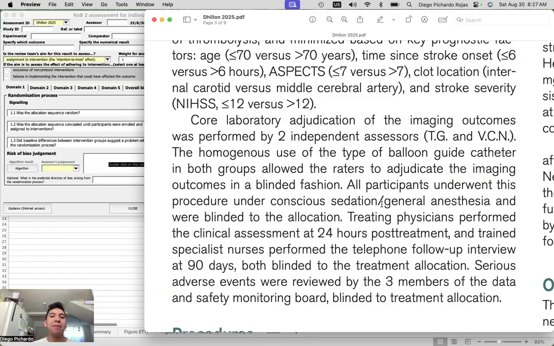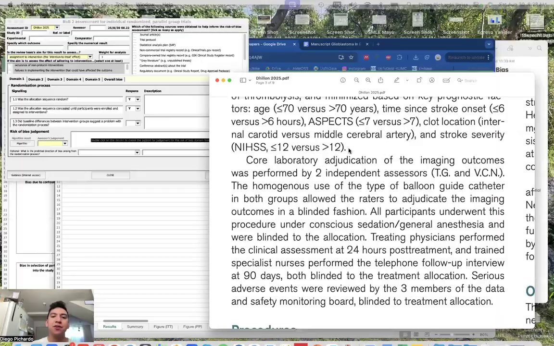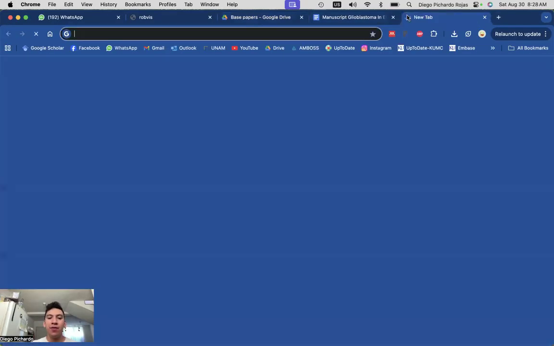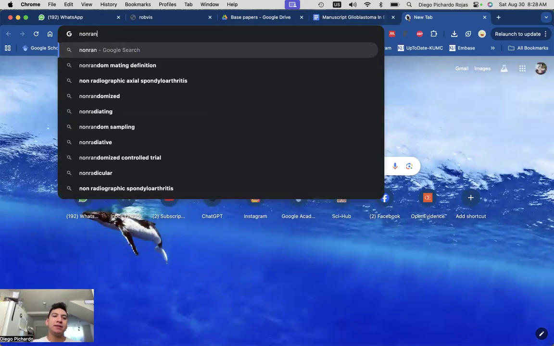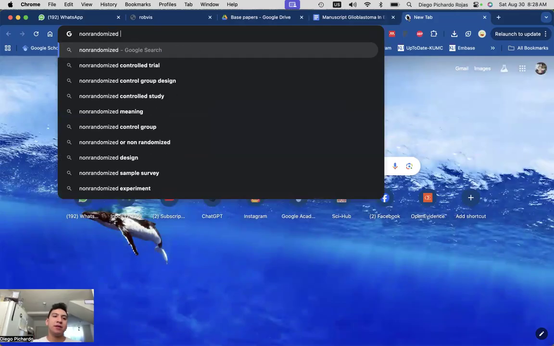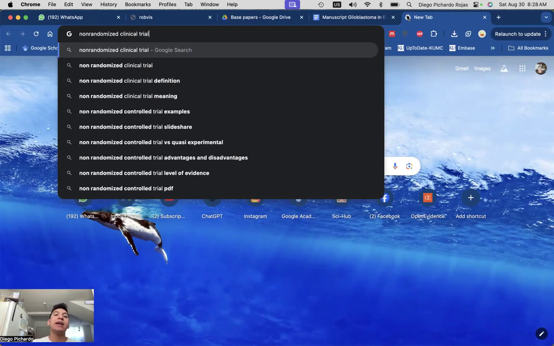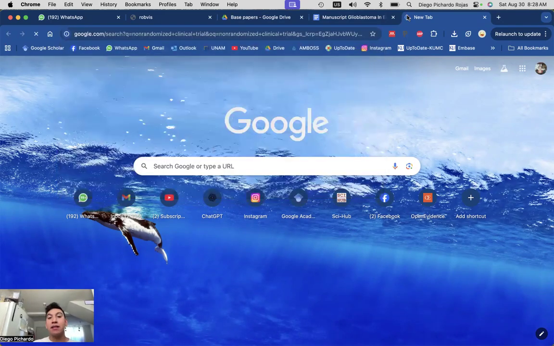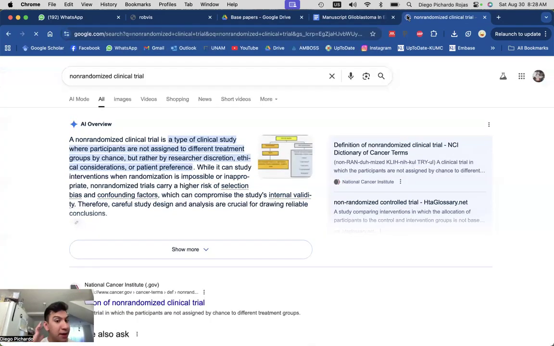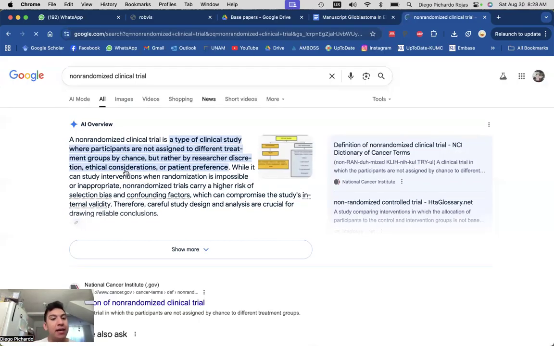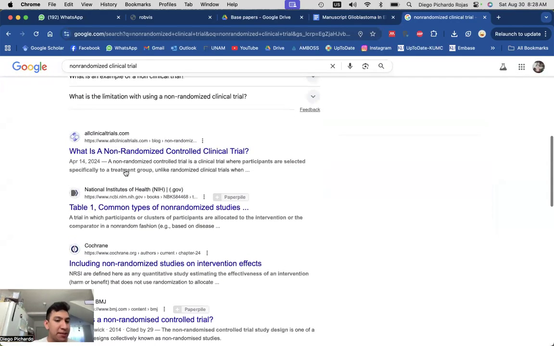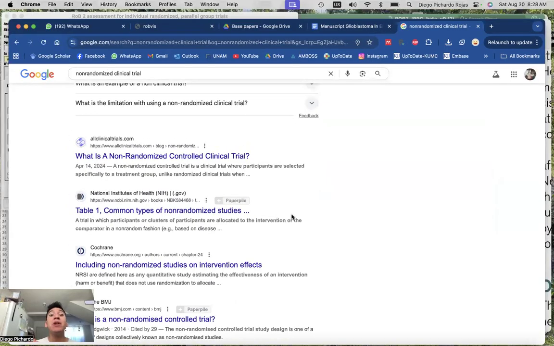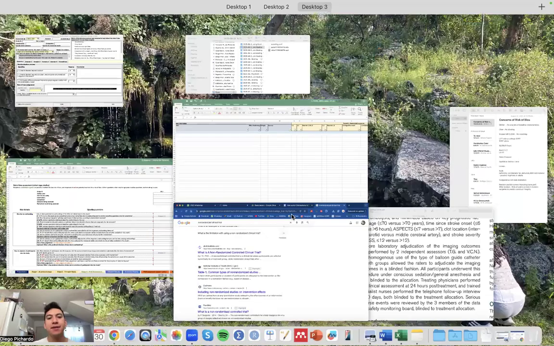That can happen. You can just look for non-randomized clinical trial, and you'll see a lot of them. Clinical trials are the best, and being randomized is the most effective way. However, you can also non-randomize it. So, can anyone tell me what is the purpose of randomization? Anyone?